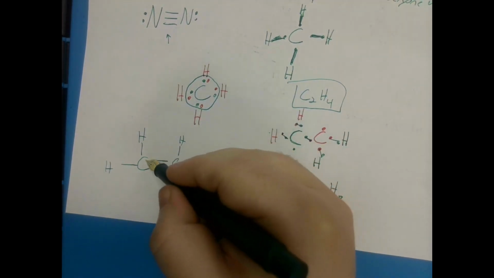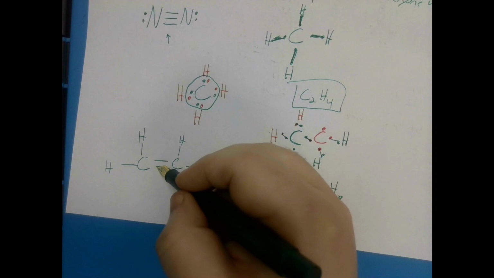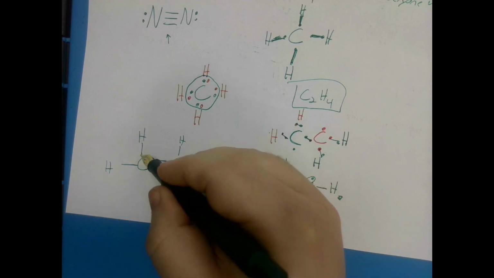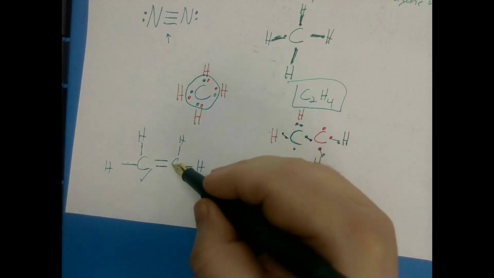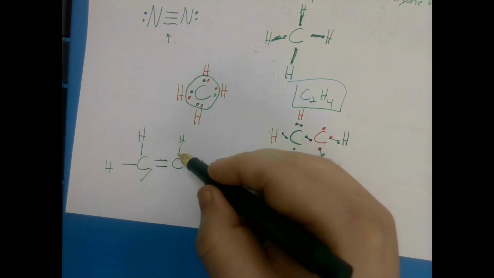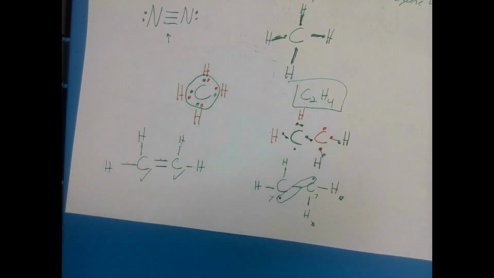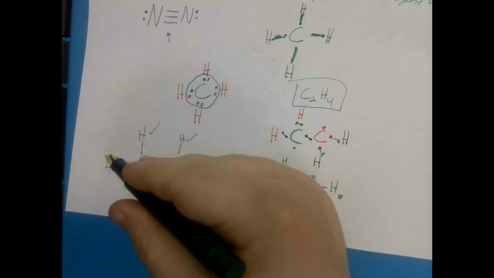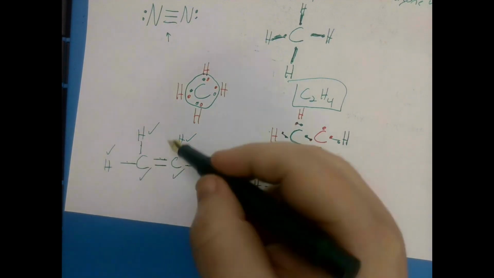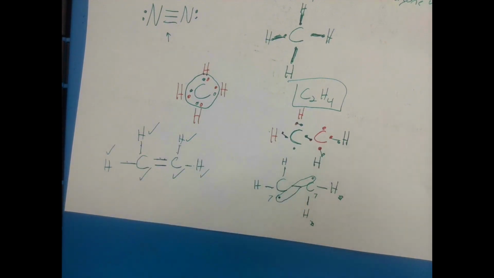Now let's count them. How many are around this carbon? 1, 2, 3, 4, 5, 6, 7, 8. That one's happy. 1, 2, 3, 4, 5, 6, 7, 8. That one's happy. Hydrogen has 2. As long as hydrogen has 1 line, it's happy. This is the correct Lewis dot structure for it.